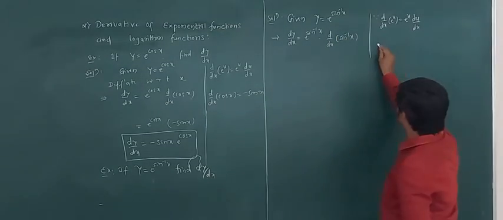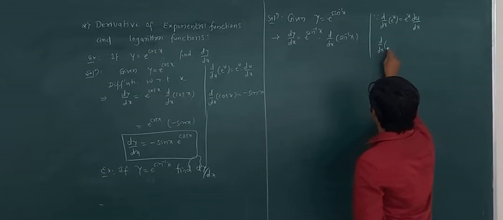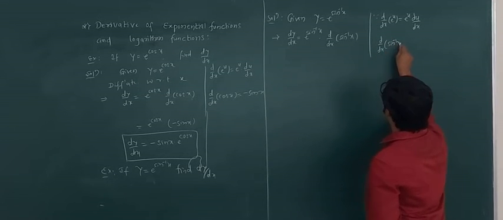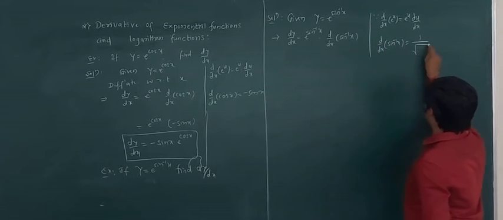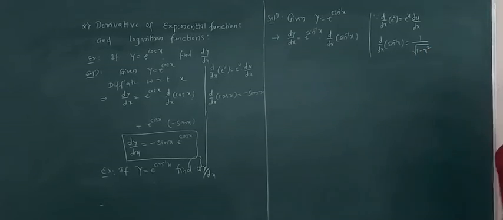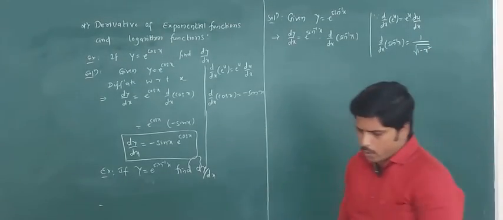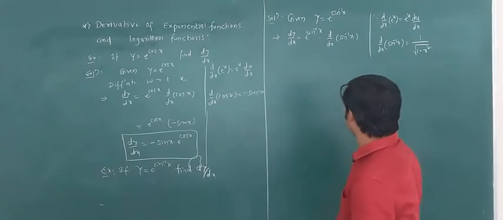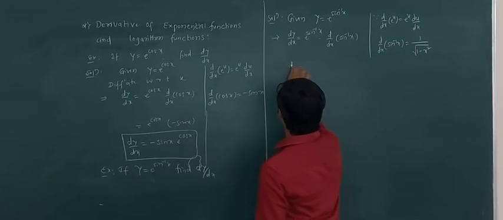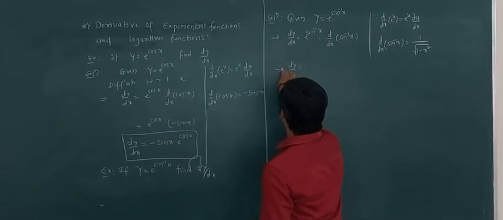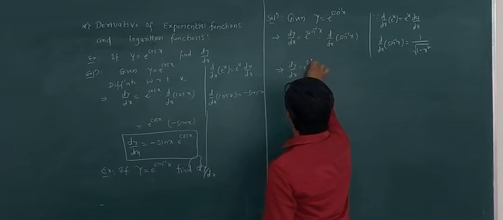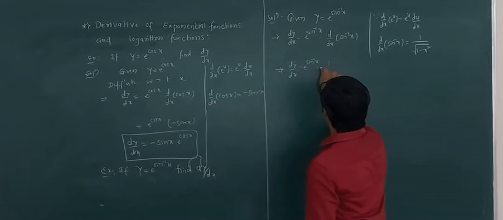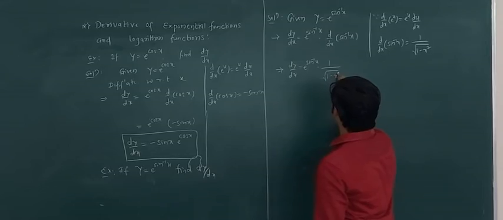And also we know the trigonometry differentiation, that is the differentiation of sin inverse x is 1 upon square root of 1 minus x square. So this implies we get dy by dx is equal to e to the power sin inverse x into 1 upon square root of 1 minus x square.